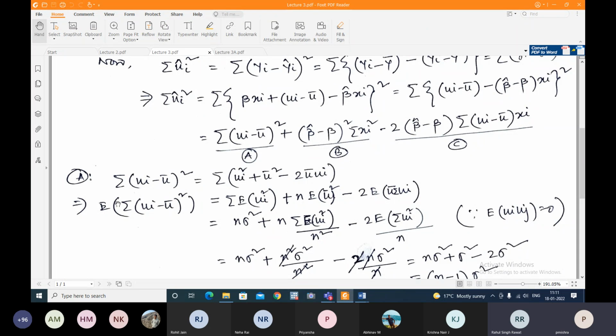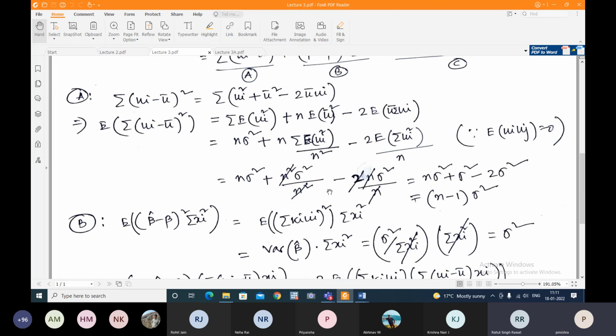If I take the mathematical expectation of this, then summation of u bar square is nothing but n into u bar square, because this is a constant; it doesn't have any ith dimension. If I take summation and then mathematical expectation, it would be like this, and eventually it will give you n minus 1 into sigma square.